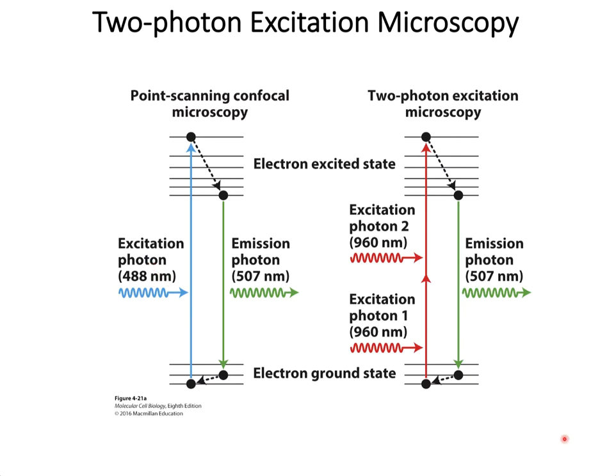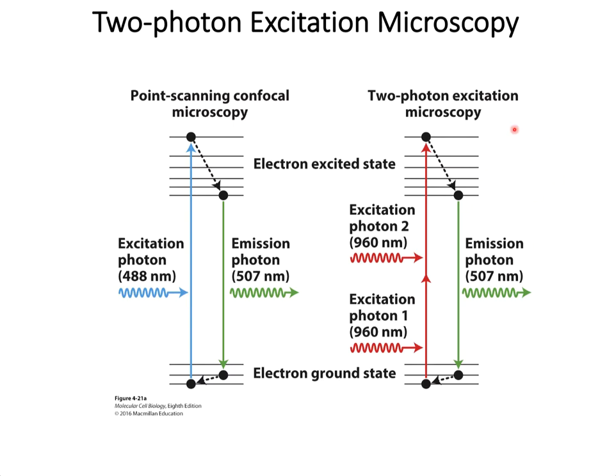Anyway, the 960 nanometer near infrared wavelength has significantly lower energy, so it is not possible for a single photon to excite a fluorophore to emit the emission spectrum.